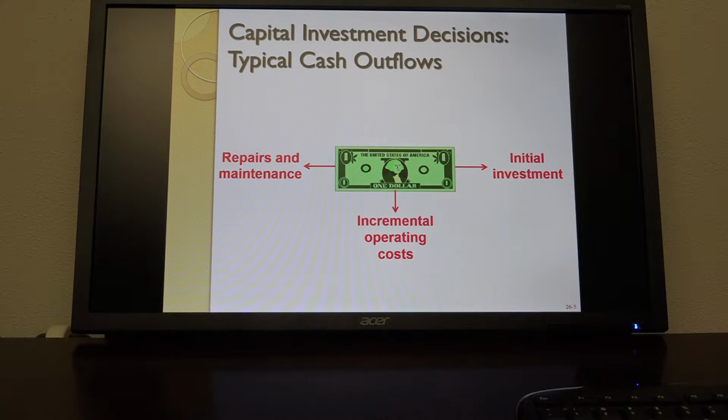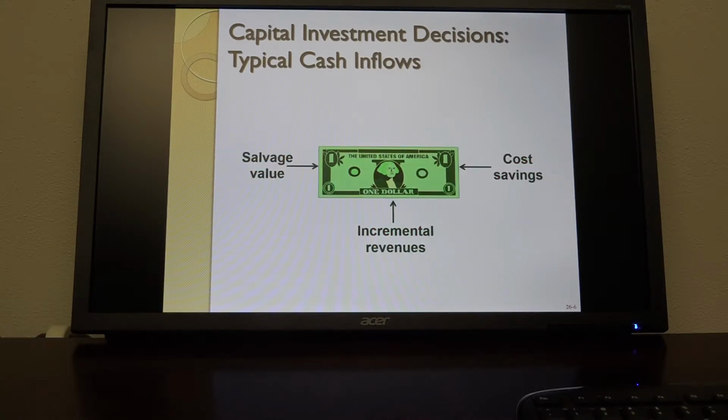Your initial investment, obviously, and any incremental operating costs as a result of this capital expenditure. Some typical cash inflows would be any cost savings received from doing the capital expenditure, incremental revenues received from doing the capital expenditure, and any salvage value that might be had.